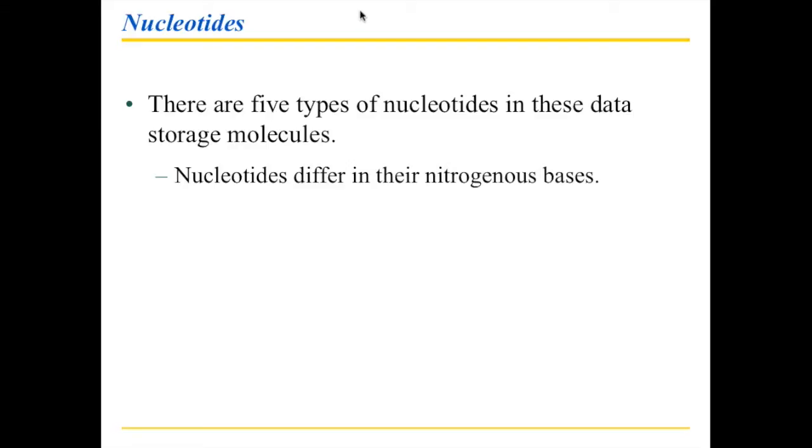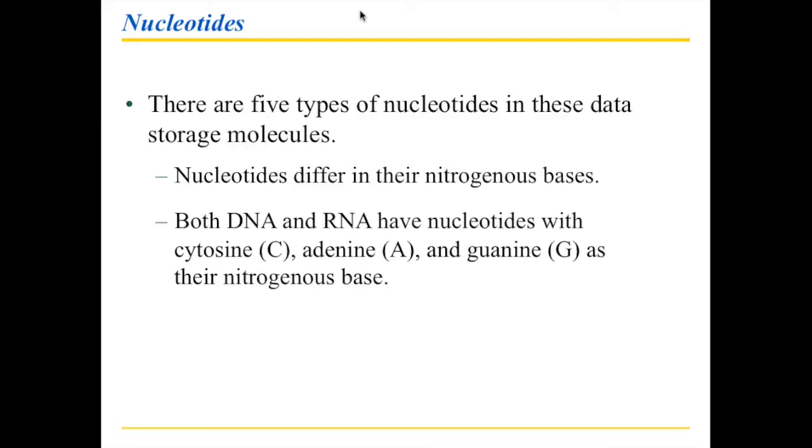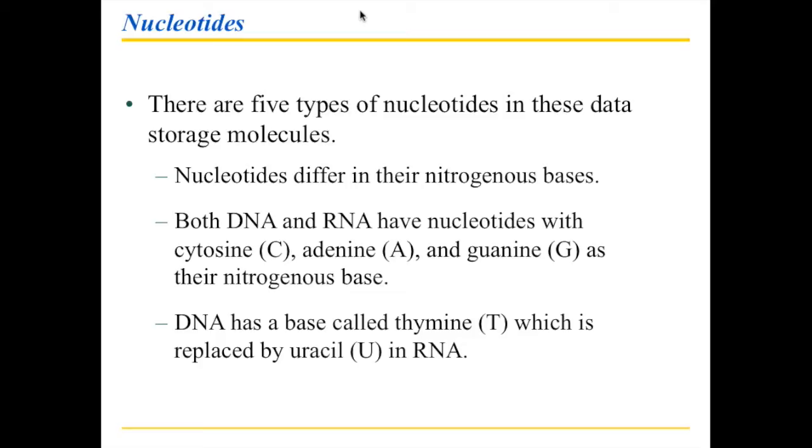They differ in their nitrogenous base, and so when you look at both DNA and RNA, they have 3 of these in common. The cytosine, the adenine, and the guanine are occurring both in RNA and DNA. And then there's one that's different, whereas DNA has the thymine, that's T, RNA has uracil.